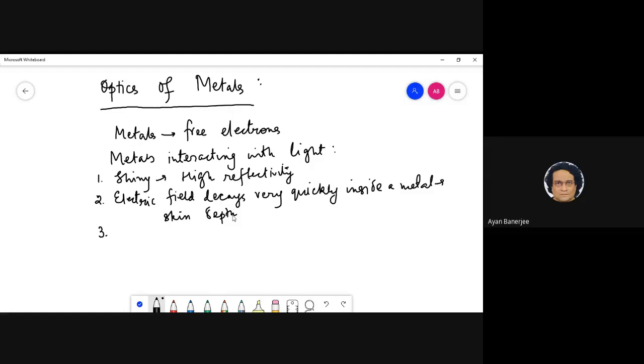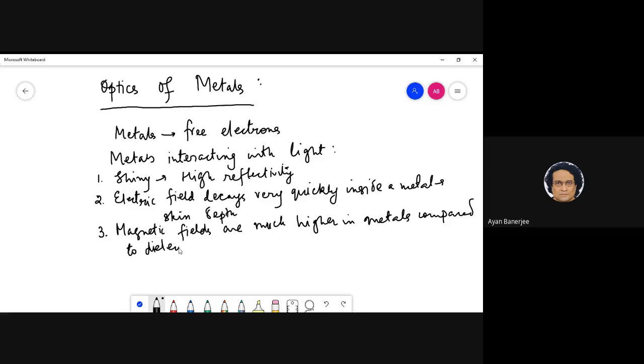Magnetic fields. Yes, it will lead to much higher magnetic fields than that in a dielectric. Magnetic fields are much higher in metals compared to dielectric.